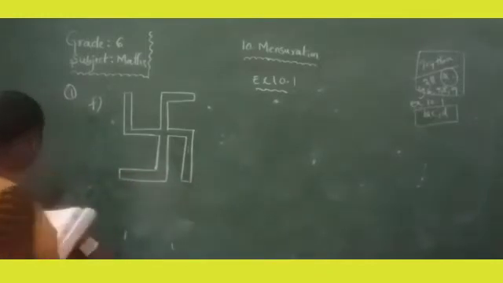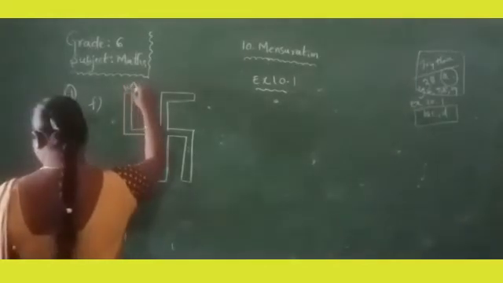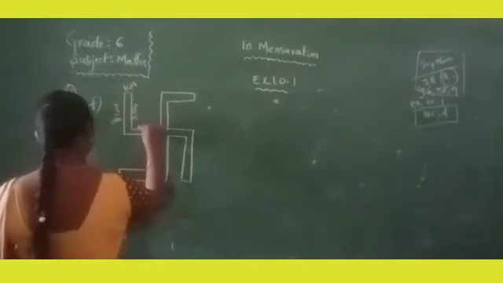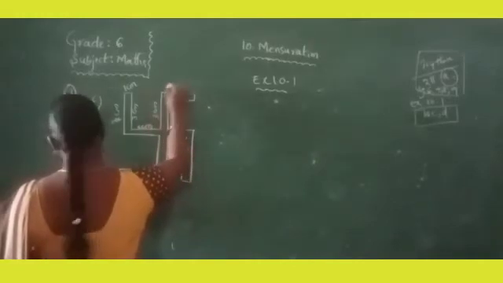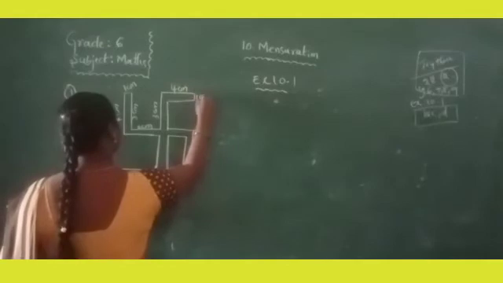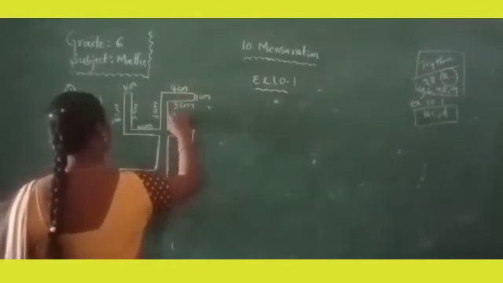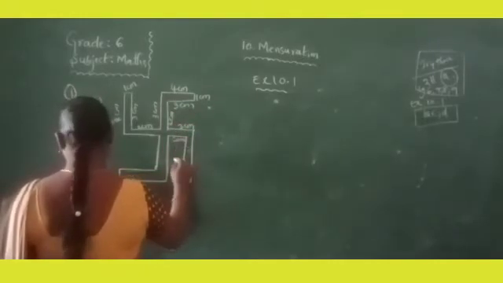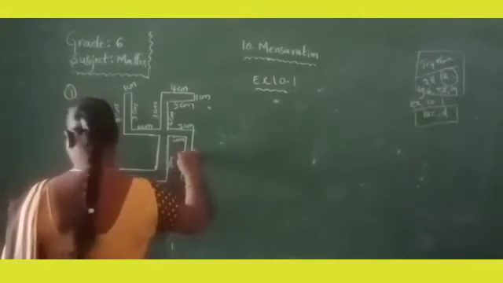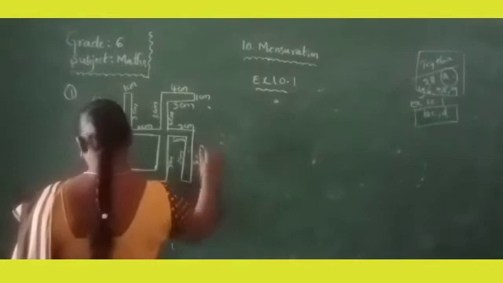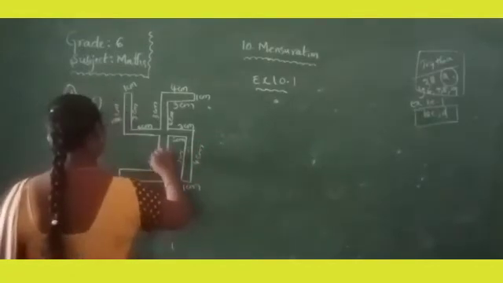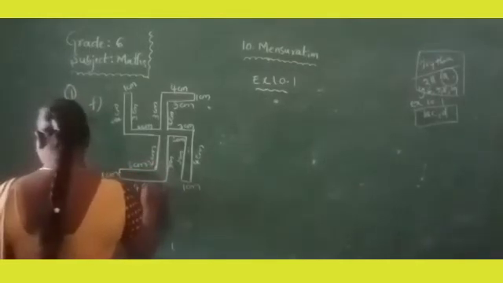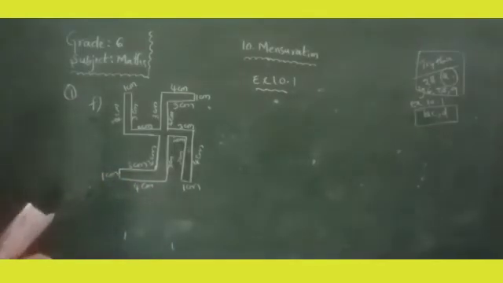Each length he has mentioned here: 1 centimeter, here 4 centimeters, 3 centimeters, 2 centimeters, 3 centimeters, 4 centimeters, here 1 centimeter, 3 centimeters, 2 centimeters, 3 centimeters, here 2 centimeters, again 3 centimeters, 3 centimeters, 4 centimeters, 1 centimeter, again 2 centimeters, 3 centimeters, 1 centimeter, 4 centimeters. So how can we add all this?